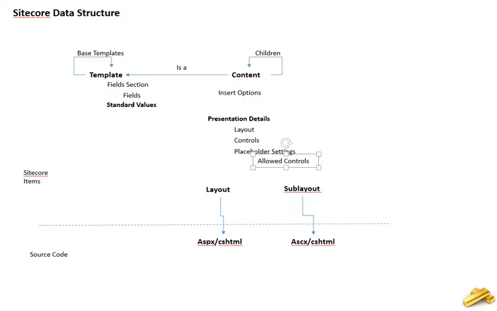So let's link this. The presentation details are an attribute or a setting within the content. It's a tab within Sitecore, so the presentation data is within the configuration of the item.